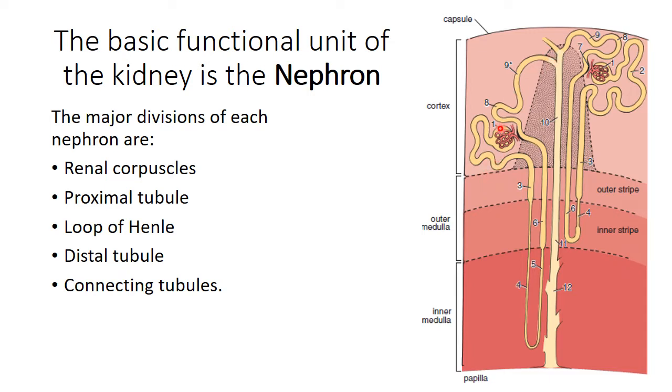The function of this nephron is filtration of plasma to form the initial ultrafiltrate, which then passes through these tubules to be concentrated by the process of reabsorption of water and substances from it, and finally it will be formed as the final urine.